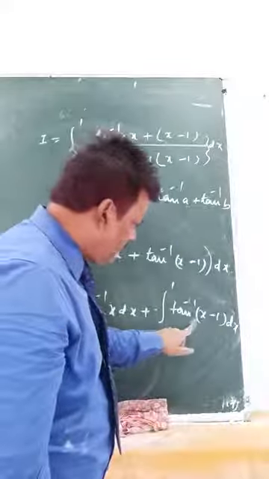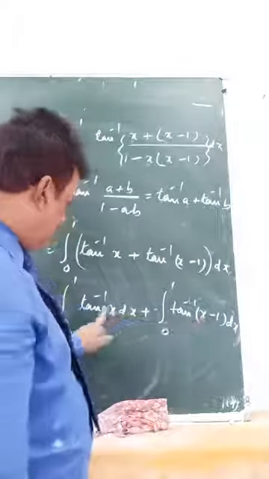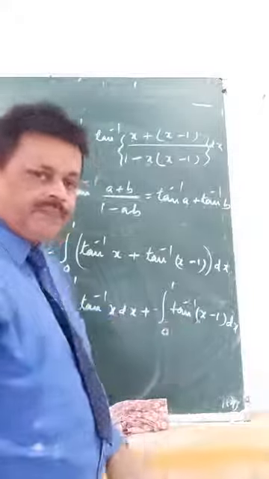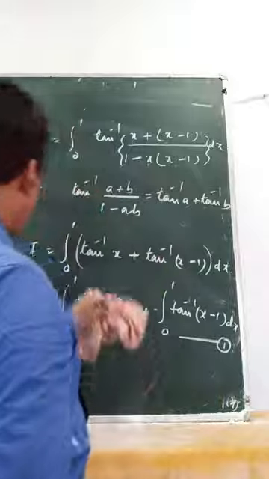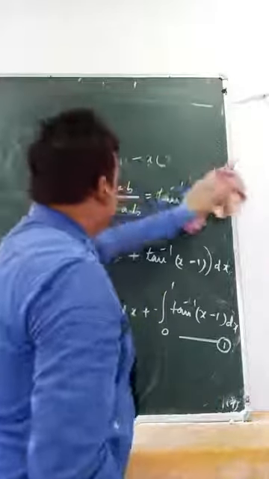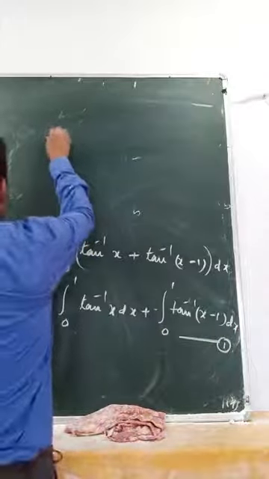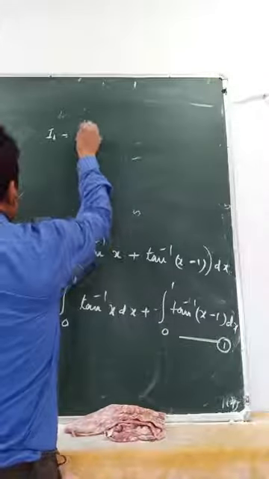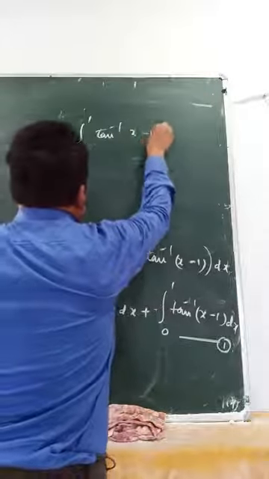So use a property for this, not for this. When you use a property for this, it will be simplified to this form. You write this as your equation number 1. Now you write I1 equals 0 to 1 tan inverse x minus 1.